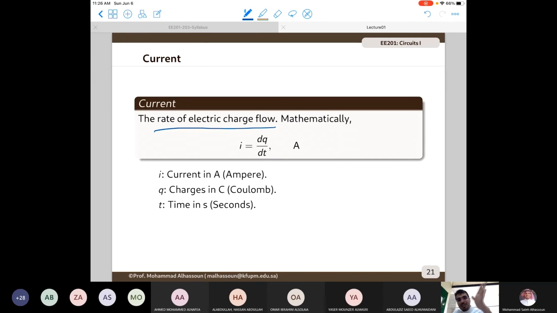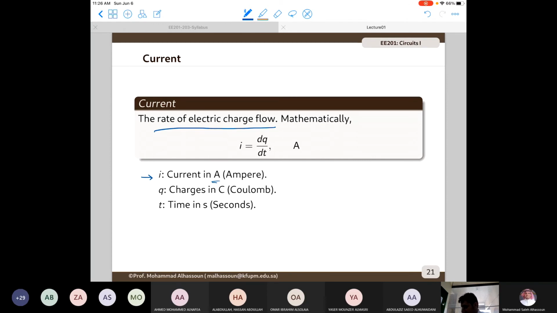So if we have more charges that flow in a short period of time, we should have more current. If we have few charges that flow in a long period of time, we'll have small current. So the current is the rate of electric charge flow. The symbol for current is I, and the unit is amperes.